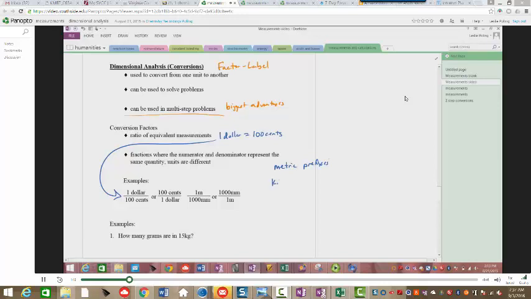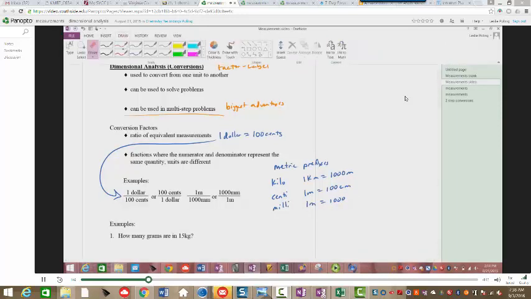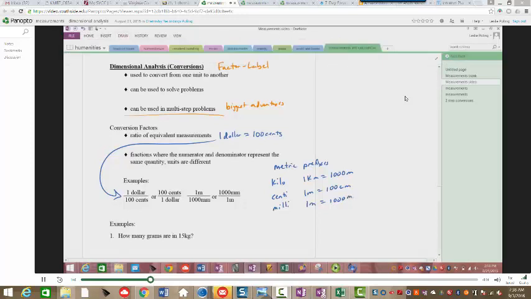Now there are metric prefixes like kilo, centi, and milli, and others that give us equalities. So for example, 1 kilometer is 1,000 meters. 1 meter is 100 centimeters. 1 meter is 1,000... whoa, too many zeros. 1 meter is 1,000 millimeters.